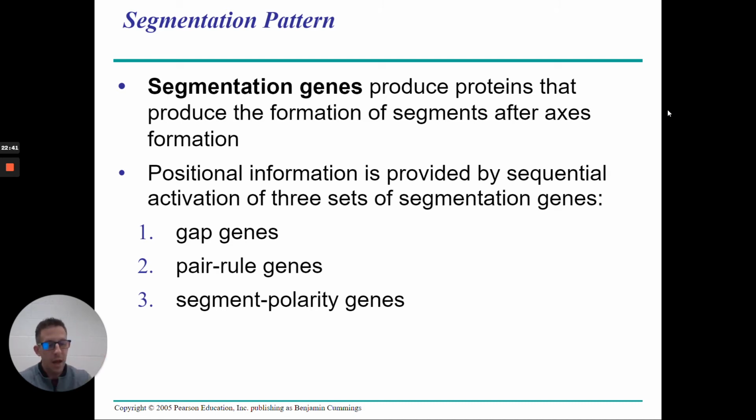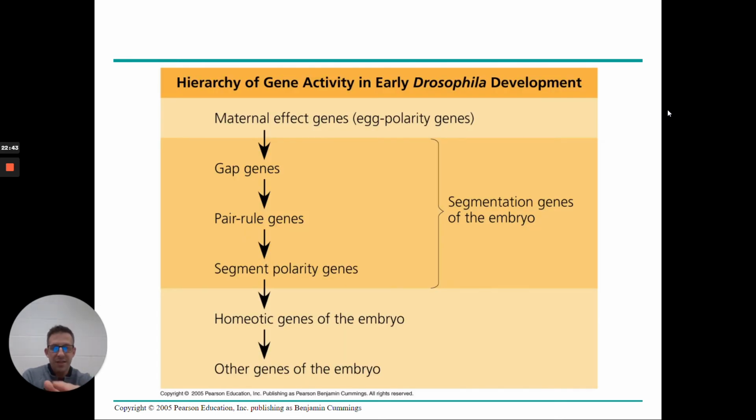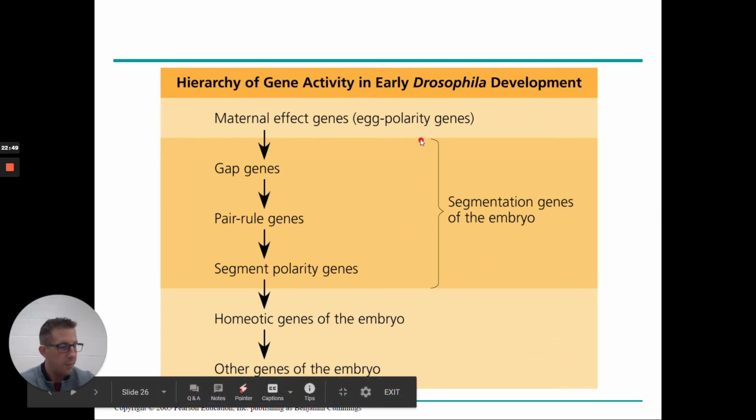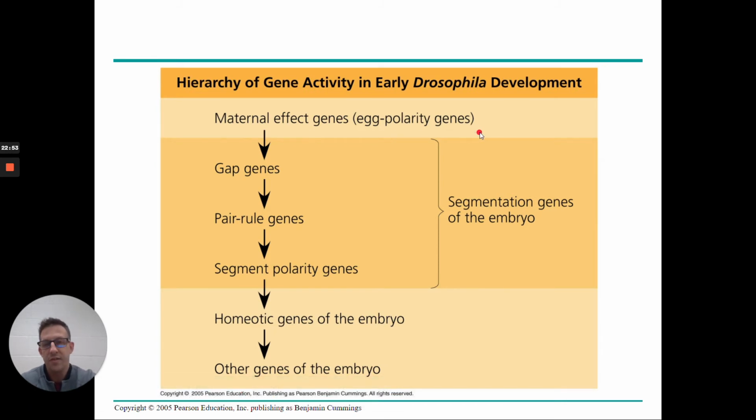Now, I like this flow chart because it puts everything into perspective here. One of the first things that needs to happen when we are trying to build a body is to make sure that we know what's heads and tails, what's top and bottom, and that's what the maternal effect genes do. Specifically, the one we talked about, the egg polarity genes, set up the head and the tail regions of the fly.